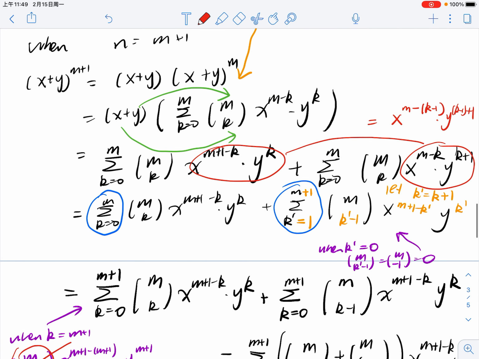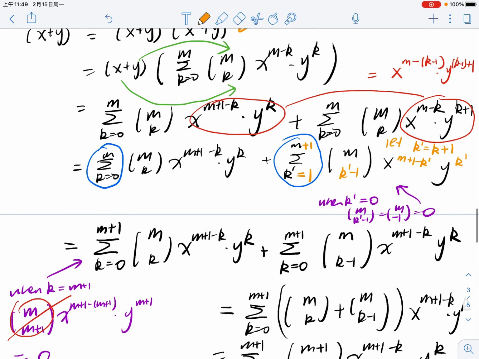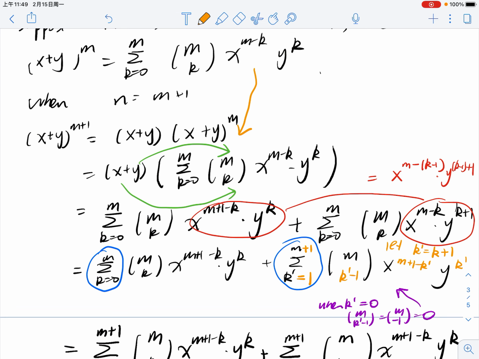So this is a shifting technique. Let's use a different color. The shifting technique. Shifting. Okay.